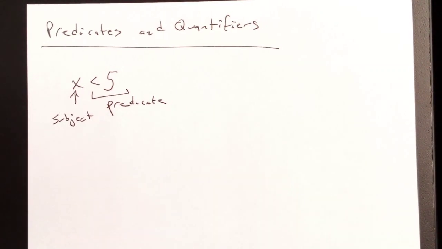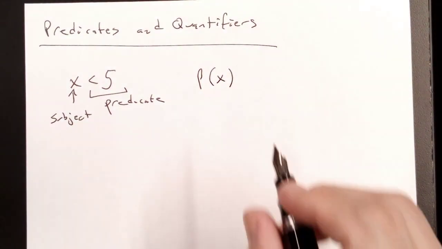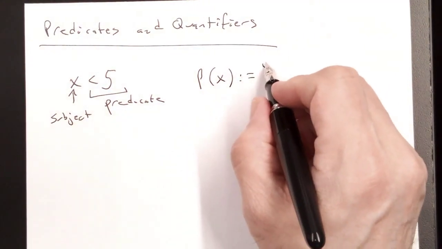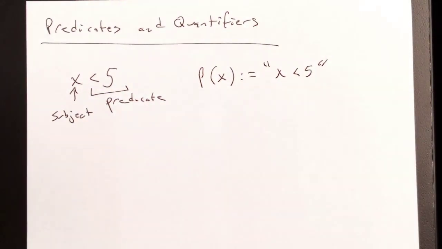And now I can make a predicate function. This is a function of X. So now, when you evaluate this by putting in different values of X, you can decide on a truth value.